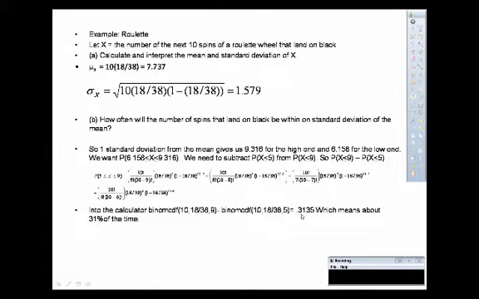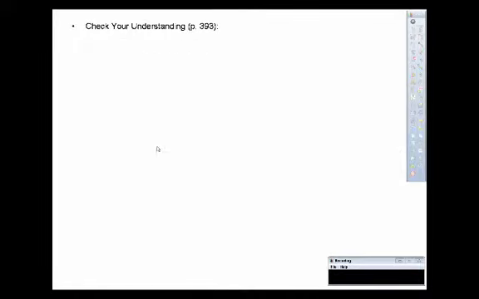And we get 0.3135, which means that about 31% of the time, when you spin, it'll land on black within 1 standard deviation of the mean. So that's that.